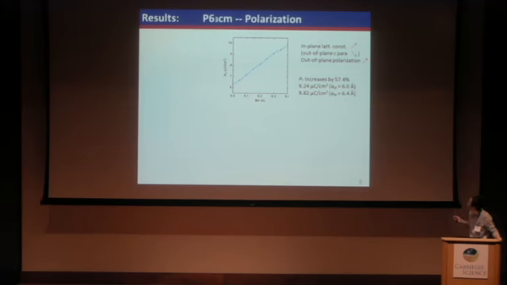It increased almost 60%. This is pretty novel because, according to our knowledge, normally when you increase the in-plane lattice constant, the out-of-plane polarization should decrease, but here it is increased.